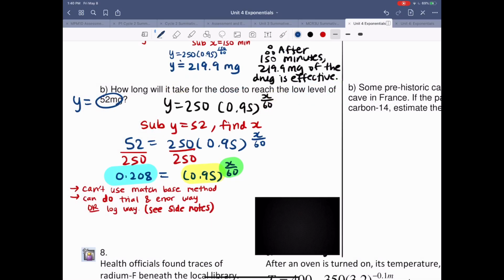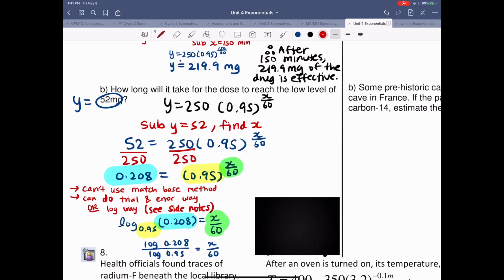Okay, so back to our question, just rewriting it. I have log, my base stays as my base, so 0.95. My output becomes the input, so 0.208 is equal to my input becomes the output, and this is what I have. To do my calculator friendly way, I have to do log 0.208 divided by log 0.95 is equal to x over 60, just remains like that.